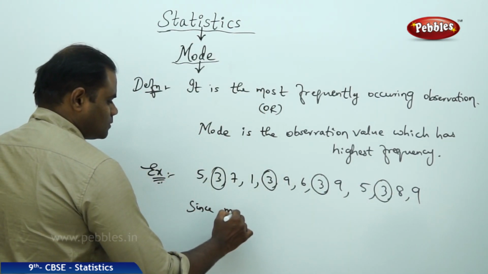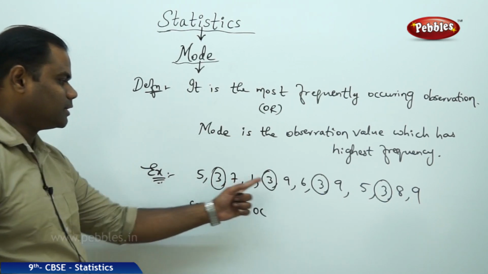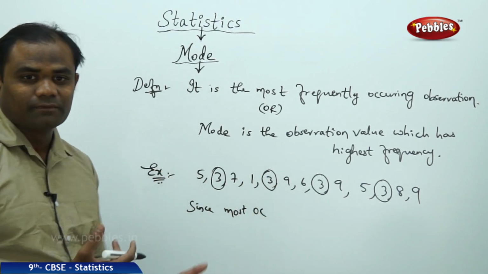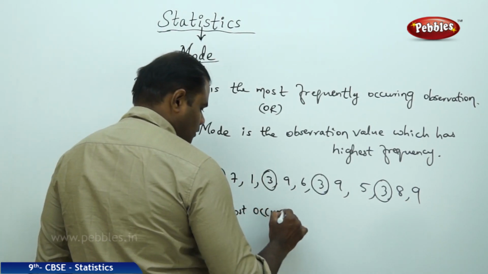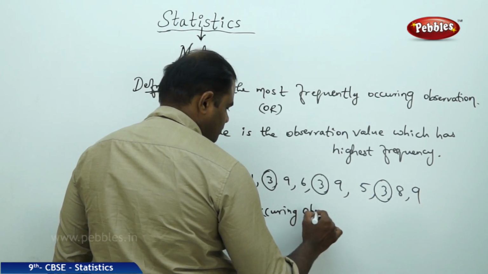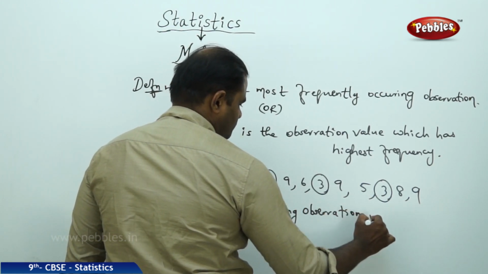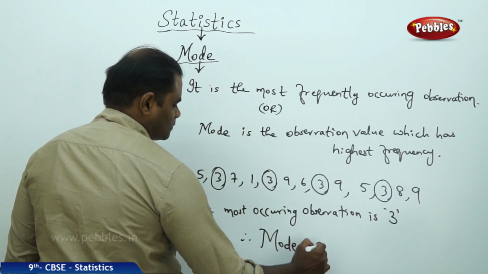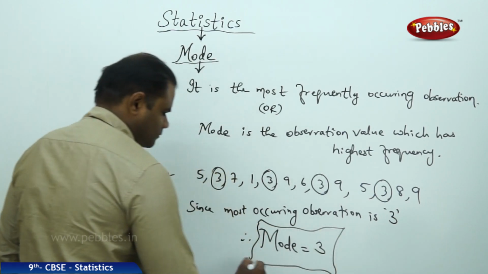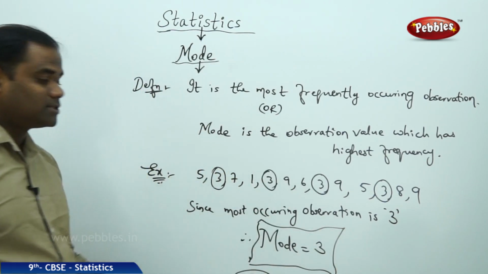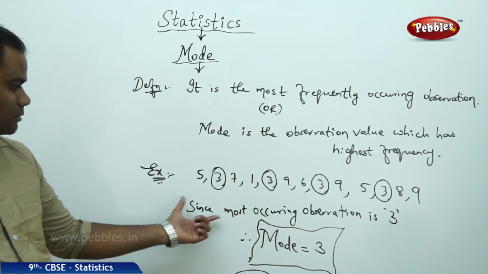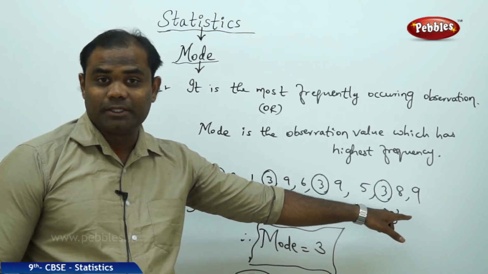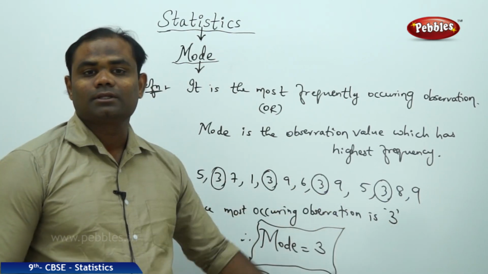Since the most occurring observation here is identified to be 3, any other observation is always less than 3. Therefore, by definition we say the mode is 3. Is how we define the most frequently occurring observation being 3 in this example, and hence the mode is 3.